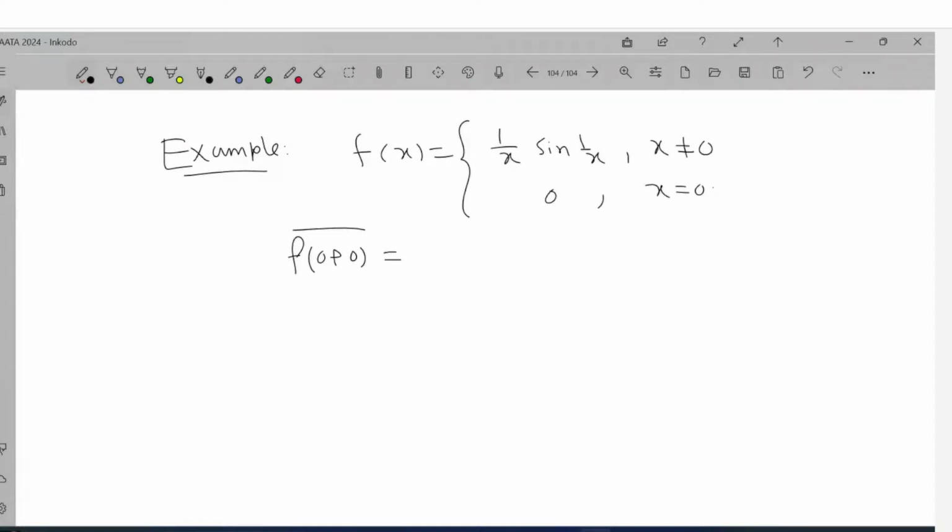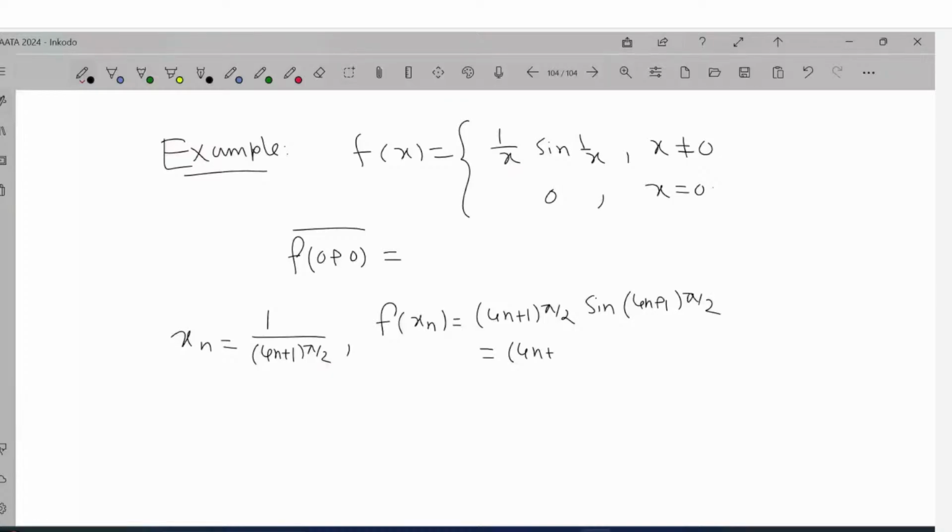So if you consider the sequence of this form, 1 by 4n plus 1 pi by 2, then f of xn will be 4n plus 1 pi by 2 into sine of 4n plus 1 pi by 2. And because the sine part is 1, this is moving towards infinity as n tends to infinity. So therefore this will be infinity.